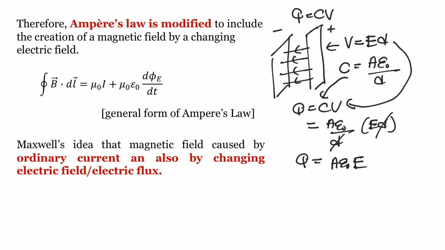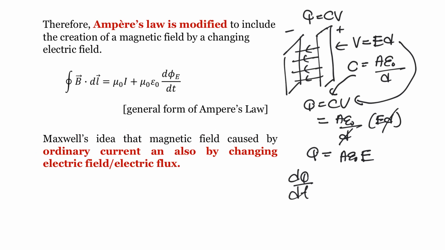As you can see, the charge enters and leaves the plates. So basically, the charge always changes at the rate of dQ over dt, because the charge is always leaving and entering the plate.